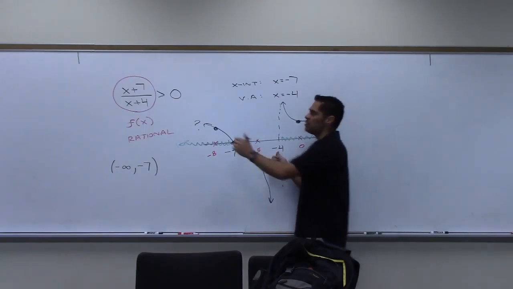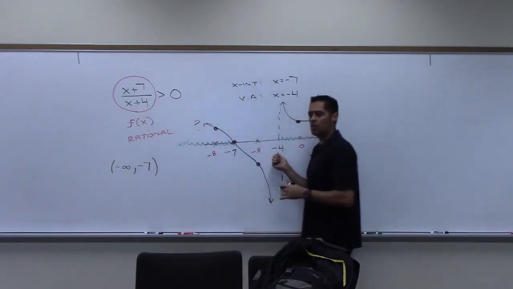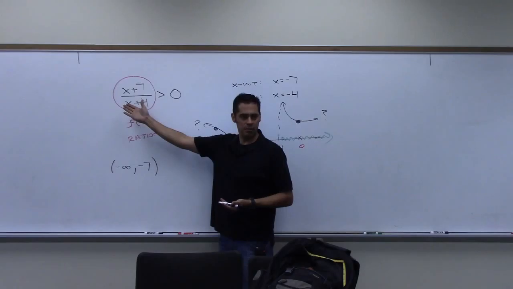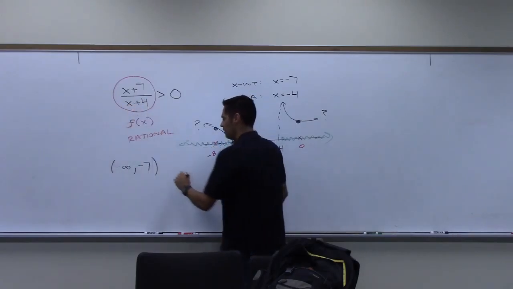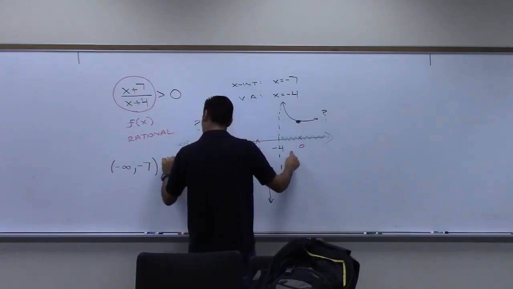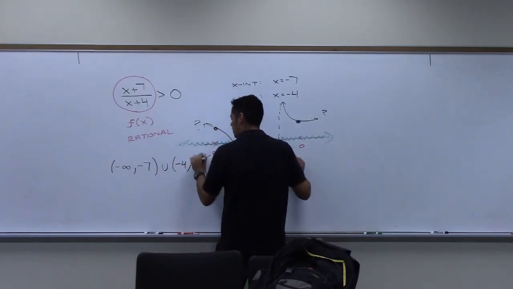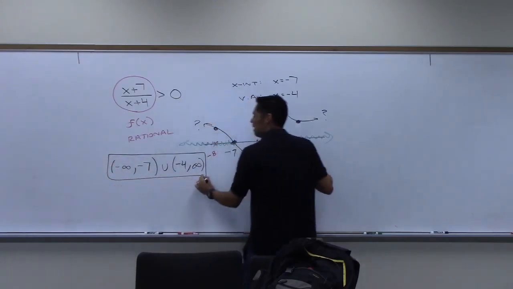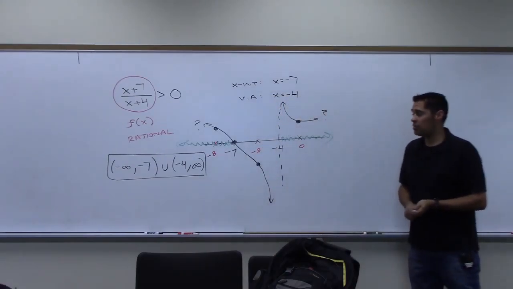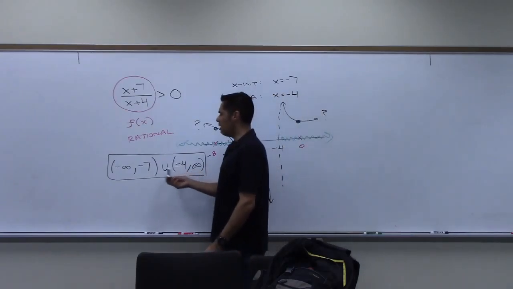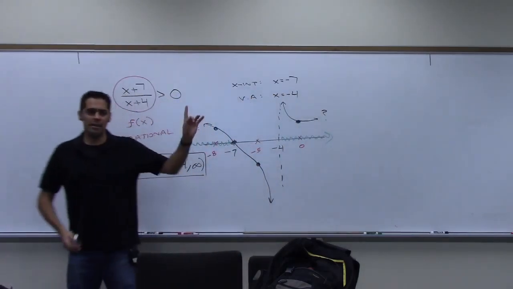Even if this was an equals, we couldn't include -4, because you can never plug -4 in here. So -4 to where? Infinity. That's your solution set. You pick any number in here or any number in here, and that inequality will be true.